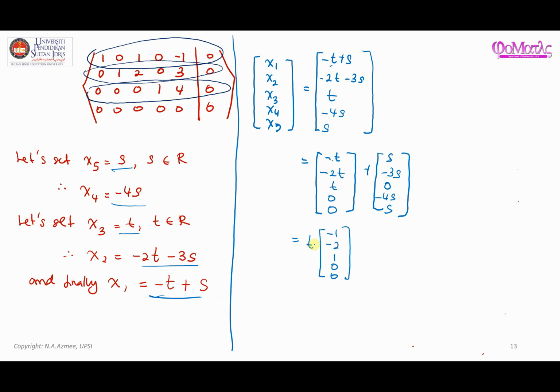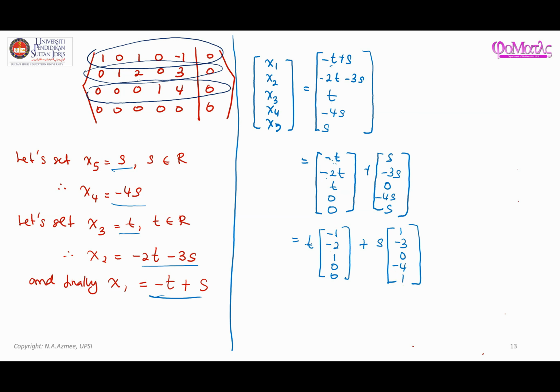Notice when you multiply t with negative 1, you get negative t, t times negative 2, you get negative 2t, and so on. With a similar idea, we take out s and leave all the numbers in the matrix: 1, negative 3, 0, negative 4, 1.